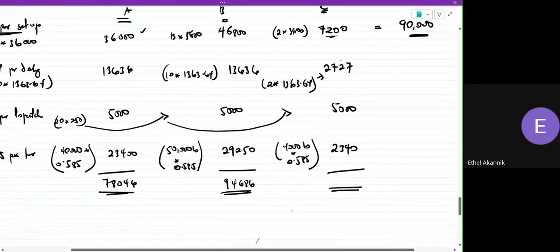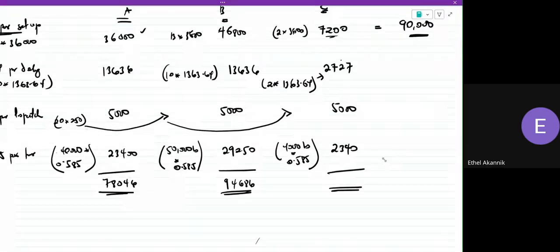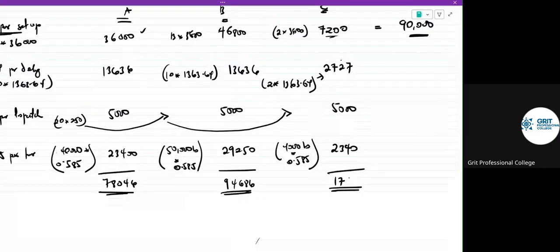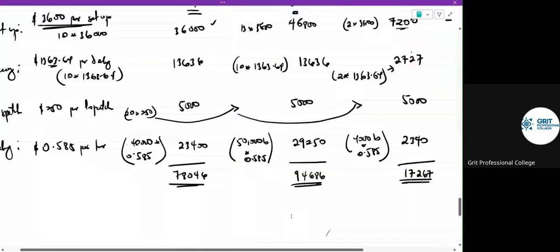And then C, 17,267. All right. So these are the total costs.